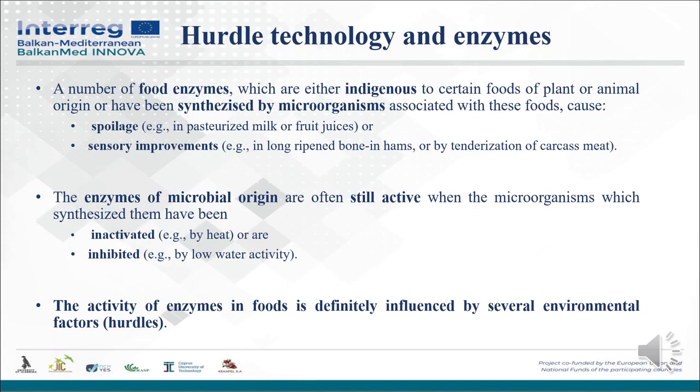The relation of hurdle technology and enzymes. A number of food enzymes, which are either indigenous to certain foods of plant or animal origin, or have been synthesized by microorganisms associated with this food, can cause spoilage, for example in pasteurized milk or fruit juices, or sensory improvements, for example in long-ripened hams or by tenderization of carcass meat.